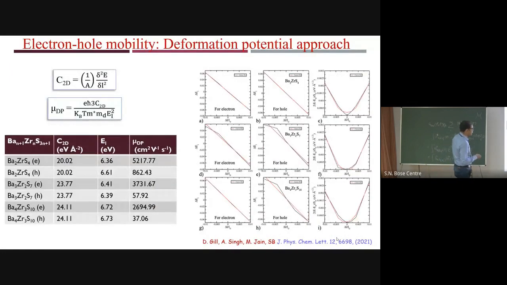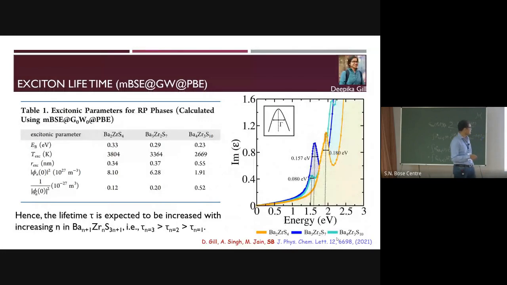Okay, so the last part is calculating the other exciton parameters, especially the lifetime. Why are we doing it? I mean, why the one-year model? Even though it's giving you the exciton binding energy, it still cannot give you the exciton lifetime, because if you want to calculate the lifetime, you should have a peak like this, and then you need to calculate the FWHM.